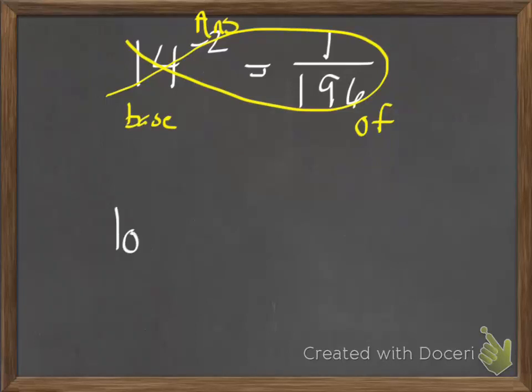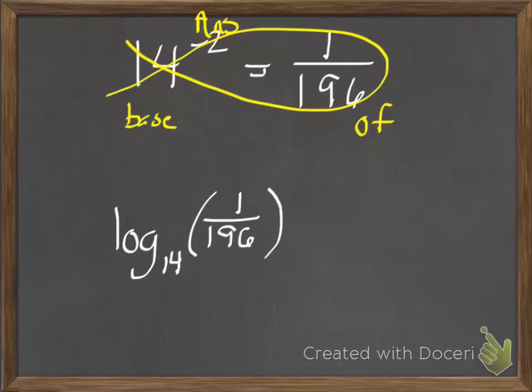So log base 14 of, and typically when it's more than just a number, I always put parentheses around it. Definitely if there's multiplication involved, you include parentheses. Equals -2. So if you're just having to convert, it's this simplistic if you figure out the pattern. For me, that fish is the easiest. There are other things like the fish that you can find online, but the fish is the way I learned it, so that's the way I do it.